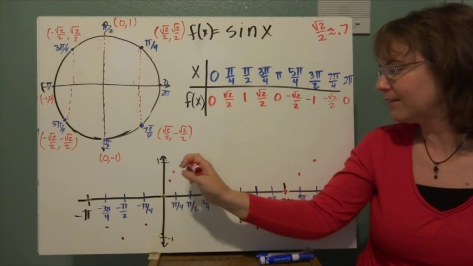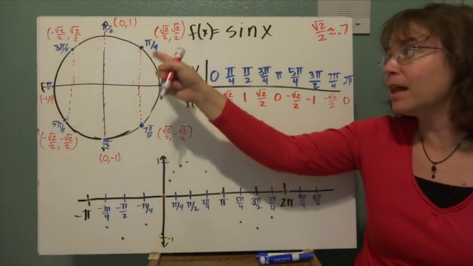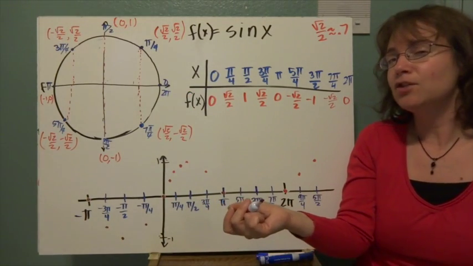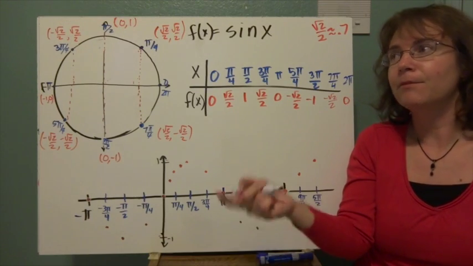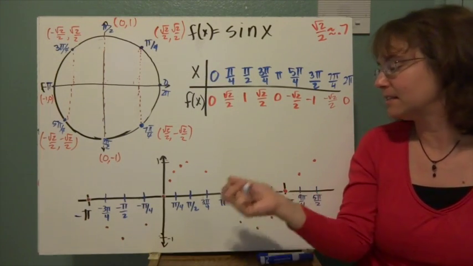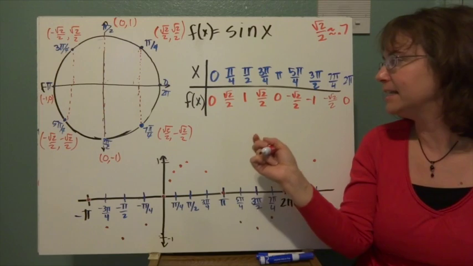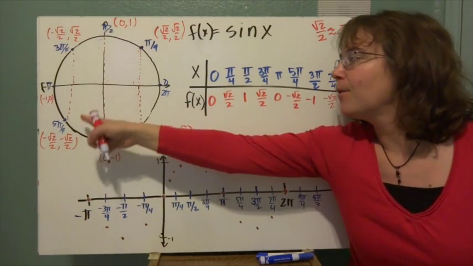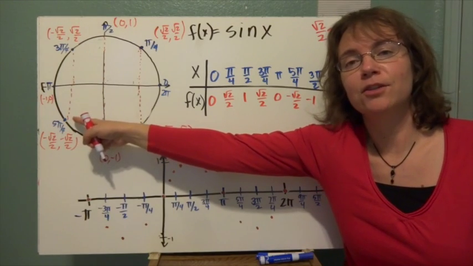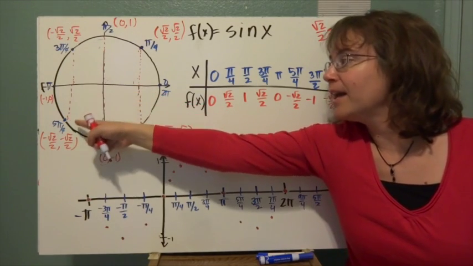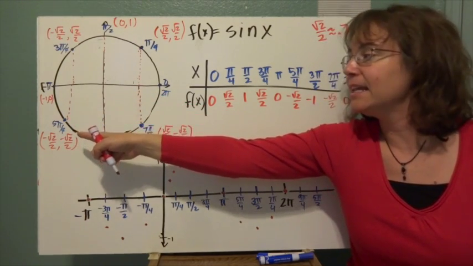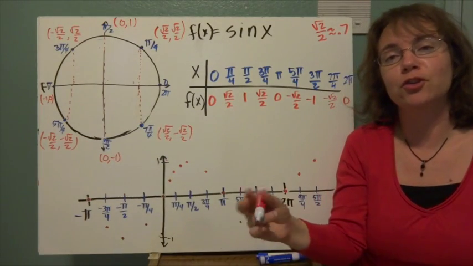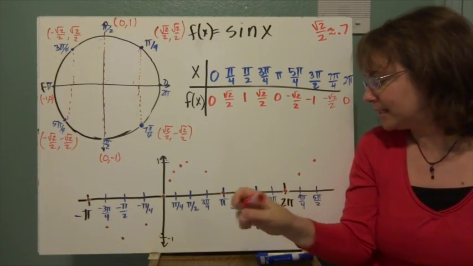And I can see it's kind of giving me this wavy curve. And I can plot those values in between, my thirds and my sixths as well, to get a little bit better idea of what's happening here. So then, after I go to 0, I go over here to this part of my unit circle. Now notice my y coordinate is going to be negative. It's going to be negative root 2 over 2, or about negative 0.7.